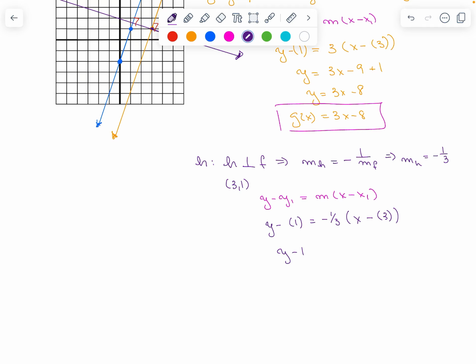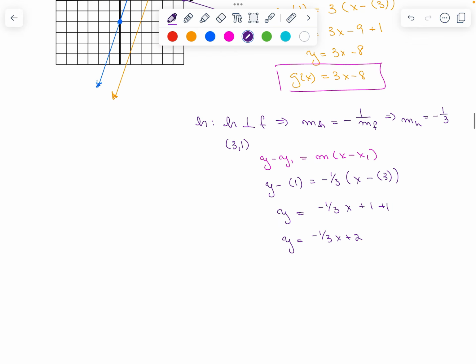So let's just take it over. So it's -1/3 x, then plus, so -1/3 times -3 is just giving me a +1, and then I'm going to have +1 from the other side. That -1 comes over. So -1/3 x plus 2, which then in notation, h of x is equal to -1/3 x plus 2.